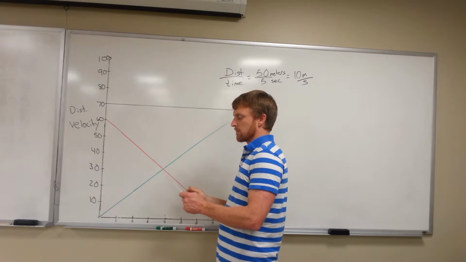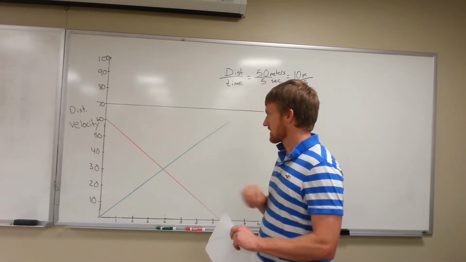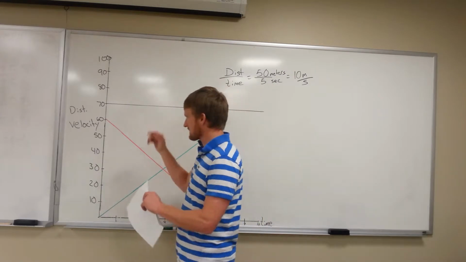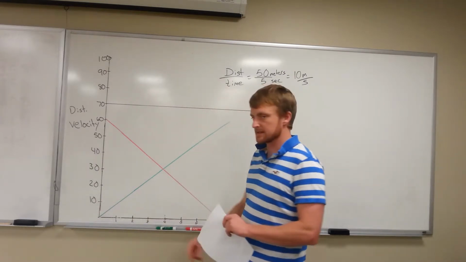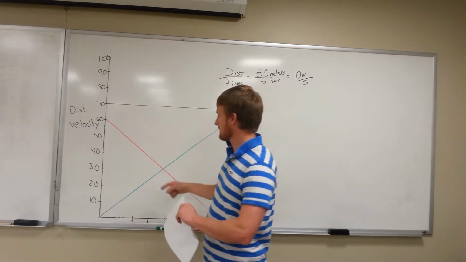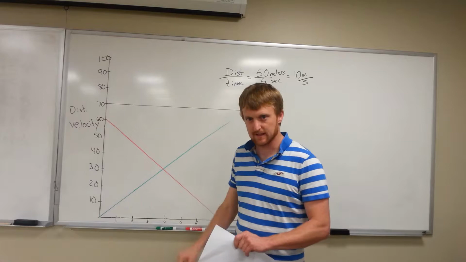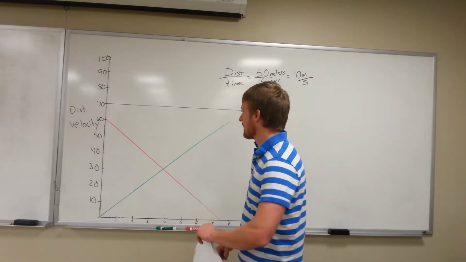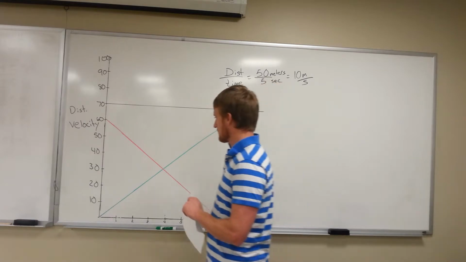What does the slope of a velocity versus time graph represent? Okay, so if the slope of a distance versus time graph represents velocity, then the slope of a velocity versus time graph would generally represent, you guessed it, acceleration. Good job. So it's acceleration.